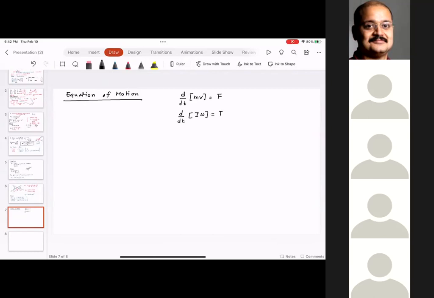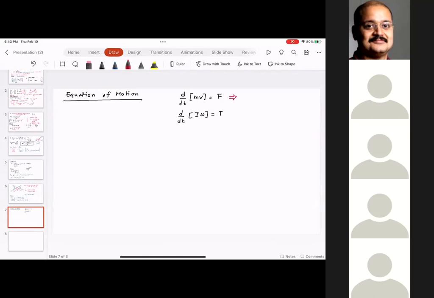Now there is something that I want to clarify. If you look at the very first equation, I'm pretty sure that all of you have seen this equation in high school. Do you agree with me? This is how it starts.